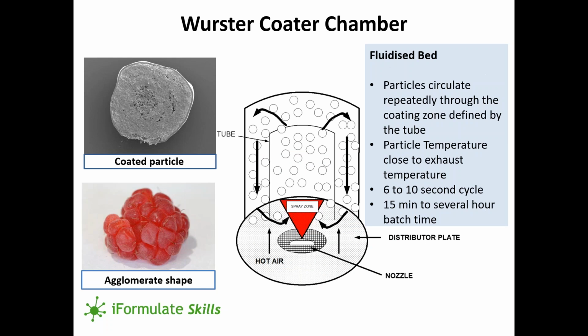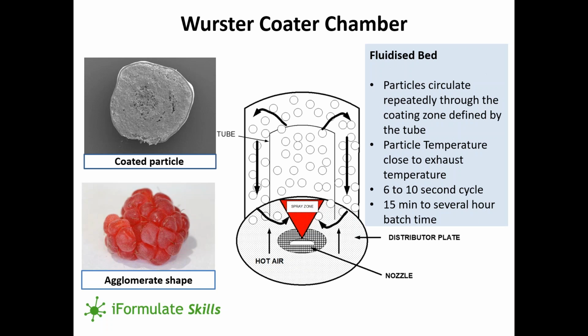Here's an example of the spouted bed, and the classic spouted bed most people know as the Wurster. And here you've got a schematic of the Wurster coater, and you can see that it's a fluidized bed, but it's fluidized in two ways. It has two types of fluidization.